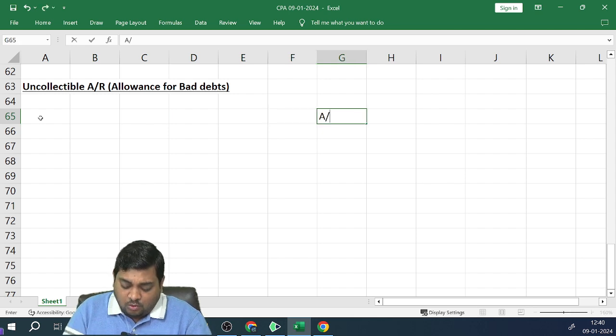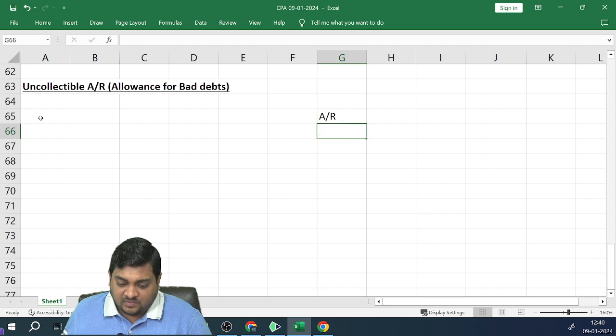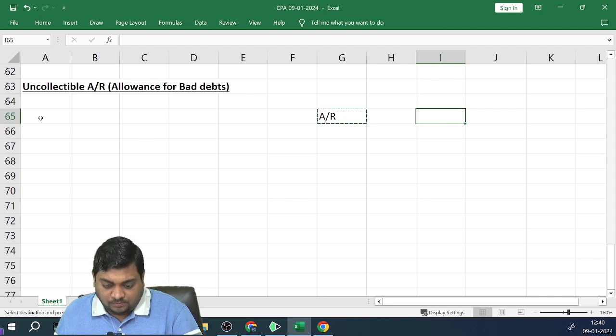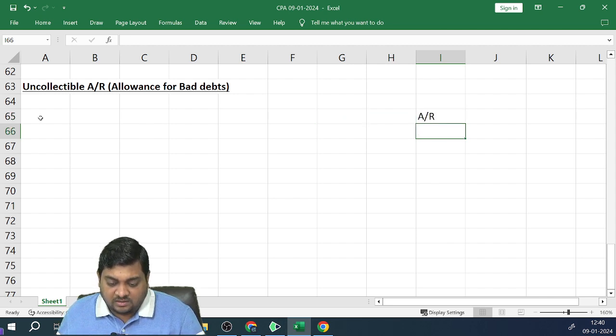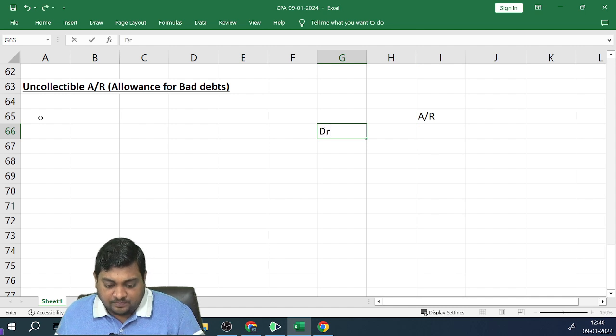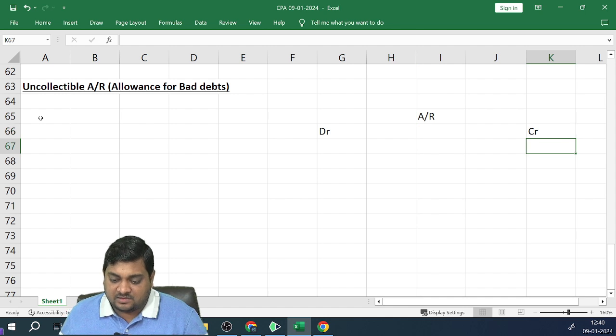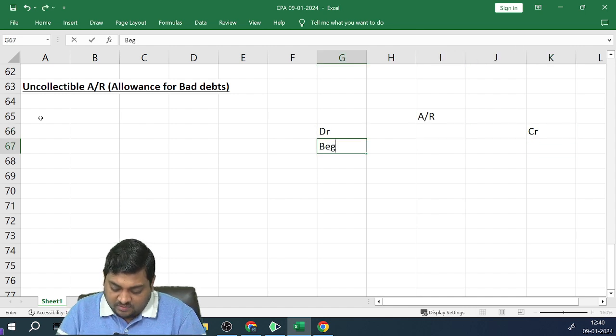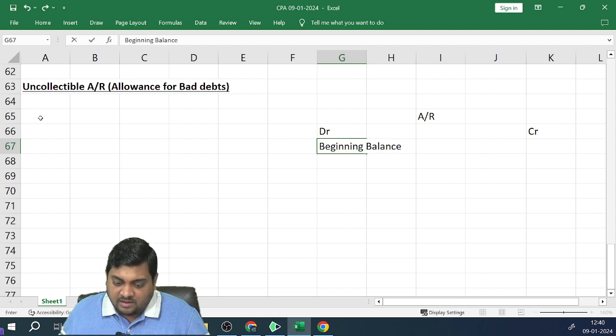Now, before going into this uncollectible accounts receivable, let me just show you how an accounts receivable looks like, right? This is debit, this is credit. So we have beginning balance, right?